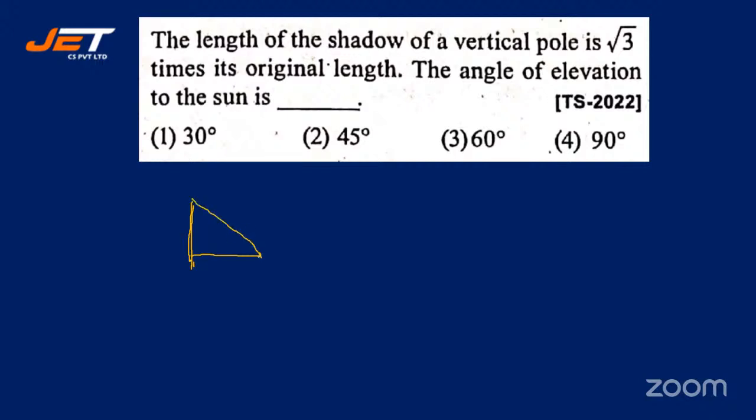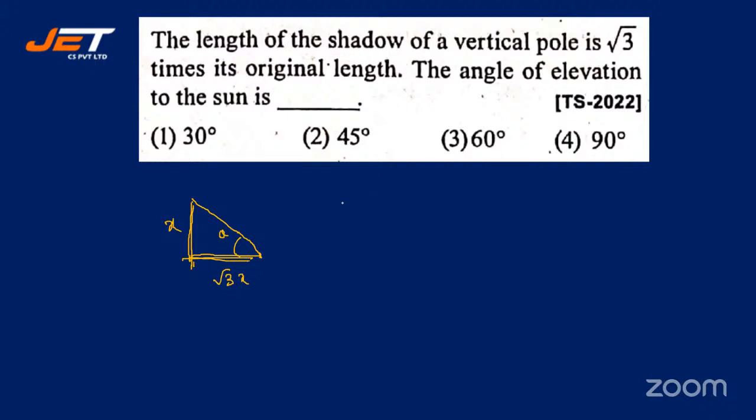So here it is touching it. Okay, so obviously this is theta. So he says that the length of the shadow of the vertical pole is root 3 times its original length. You're assuming the length to be x. So this would be root 3x.